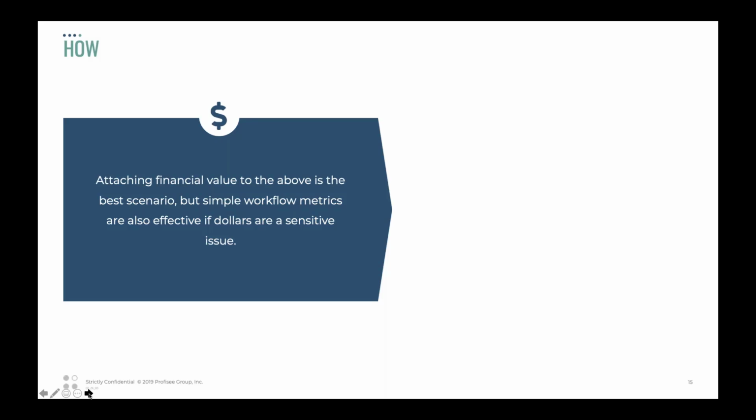Level of compliance, reduction of penalties for things like that. Those are easy from a financial standpoint because there are real potential fines. So again, I had a big background in banking, and we all know nothing beats a compliance business case, because if you don't do it, we know what the penalty is going to be. So again, financials best, but if you can't do it, workflow metrics are fine.